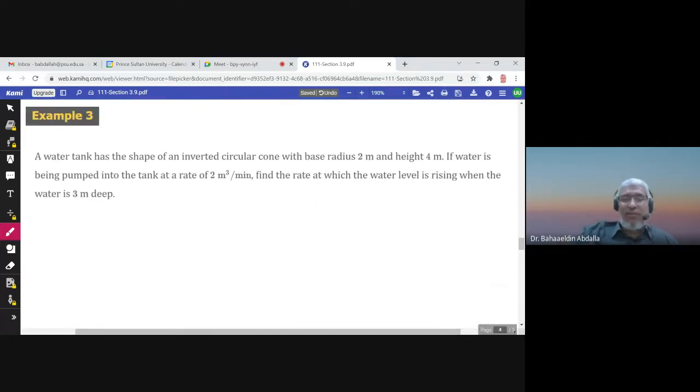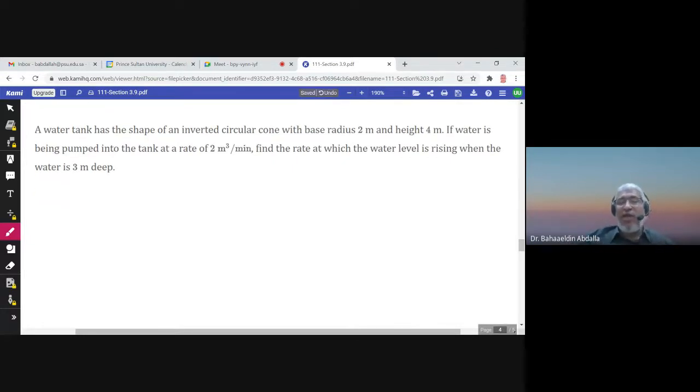Example 3. A water tank has the shape of an inverted circular cone. This is a circular cone, and if it is inverted, it would be like this. Okay, this is an inverted circular cone.